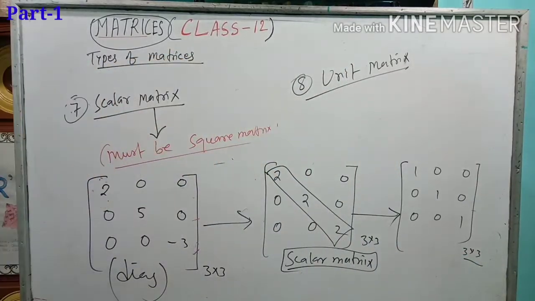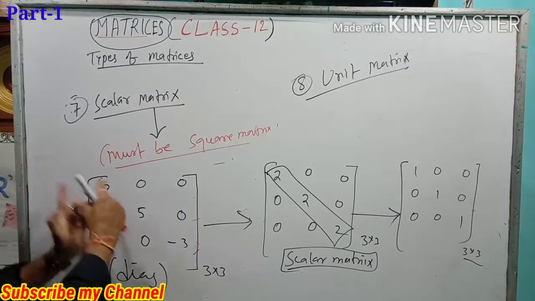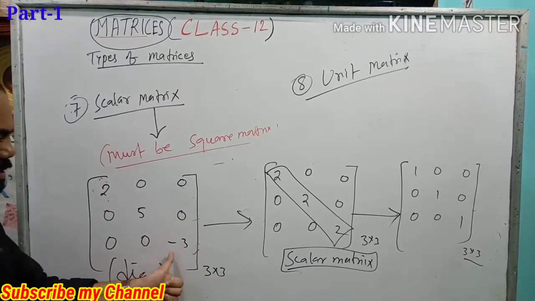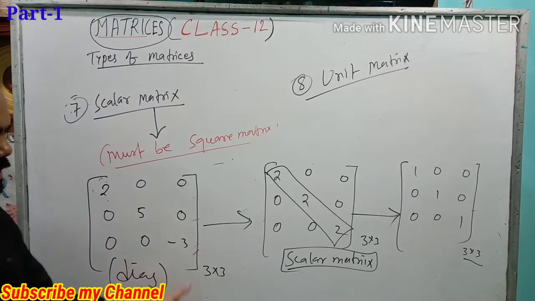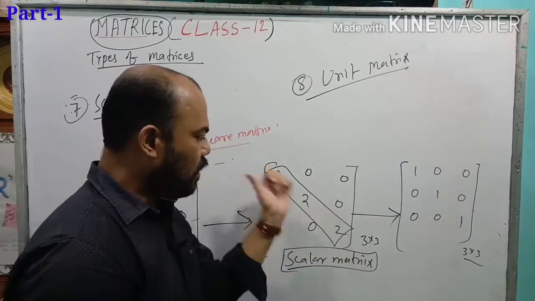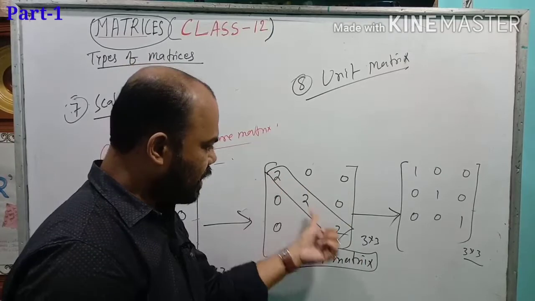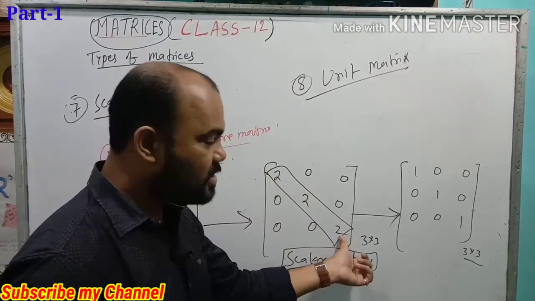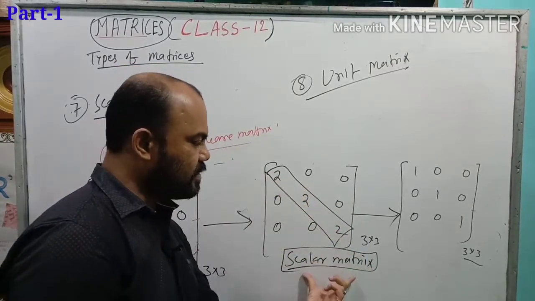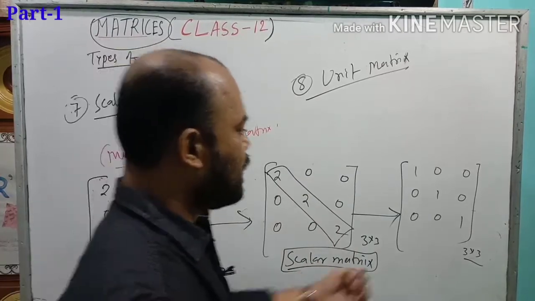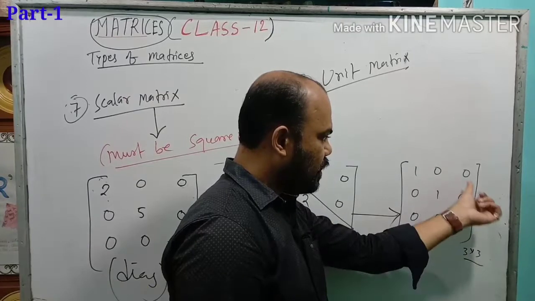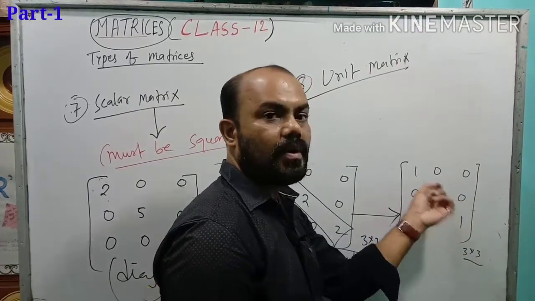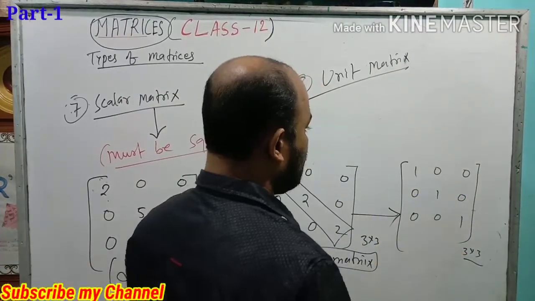What are the differences? In the first matrix, all diagonal elements are non-zero, non-diagonal elements are 0, and the diagonal elements are not equal. Here, same thing, all non-diagonal elements are 0 and diagonal elements are non-zero but equal. This is called a scalar matrix. Here, same thing, all diagonal elements are non-zero and non-diagonal elements are 0, but all diagonal elements are specifically 1.